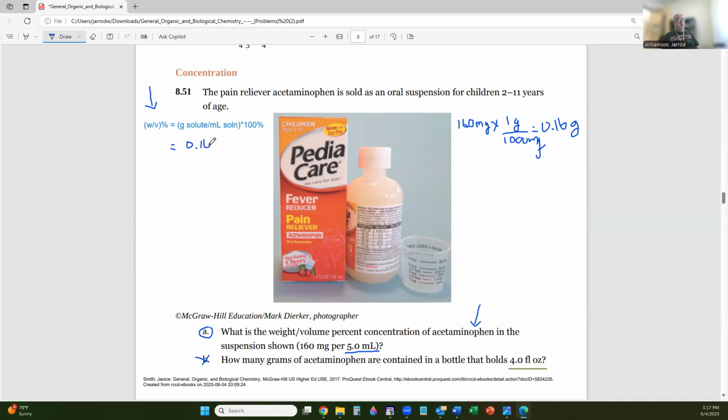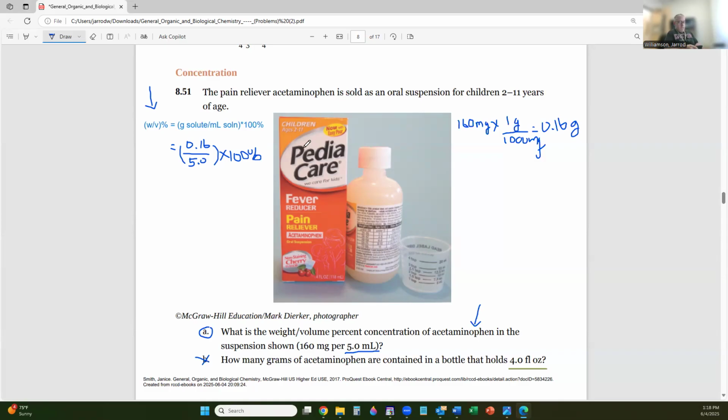0.16 divided by 5.0 times 100%. You got to make sure you multiply by the 100 at the end.